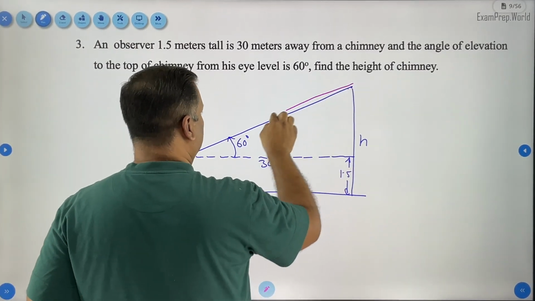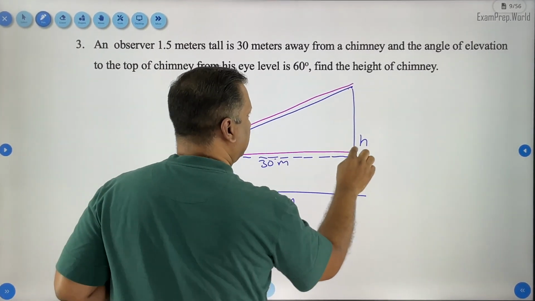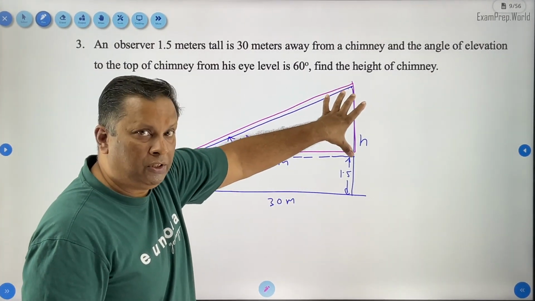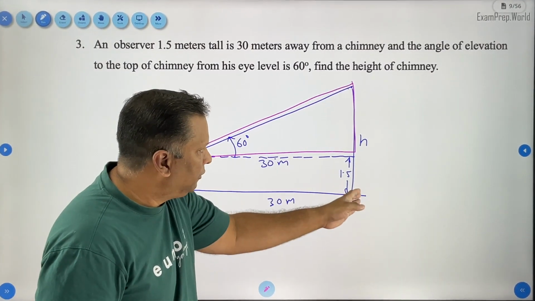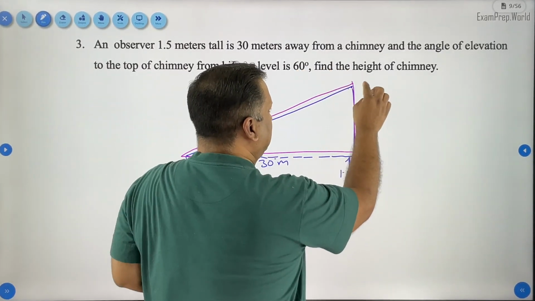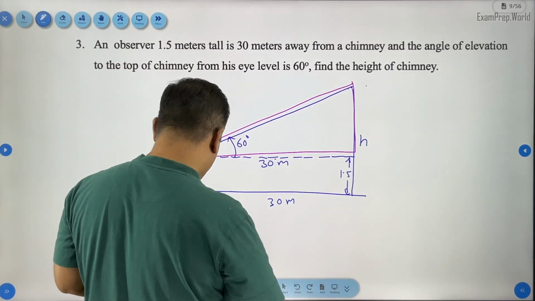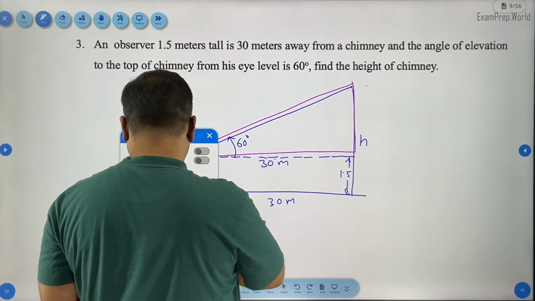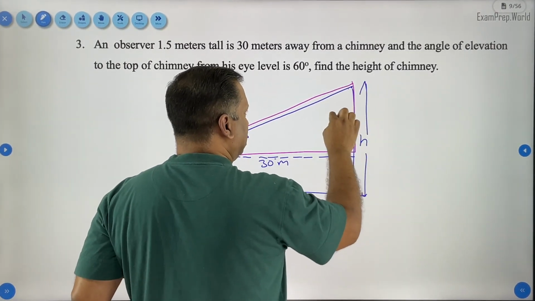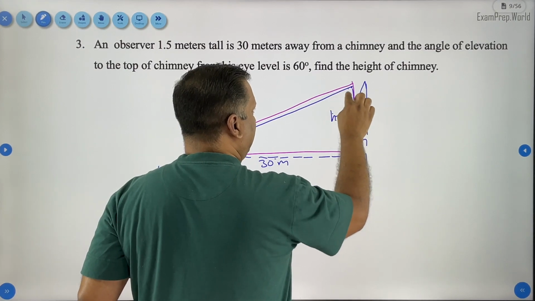This is our triangle. We need the opposite side. The opposite side of the triangle is the complete height of the chimney minus 1.5, because from here to here it is one complete height. So this is h minus 1.5.